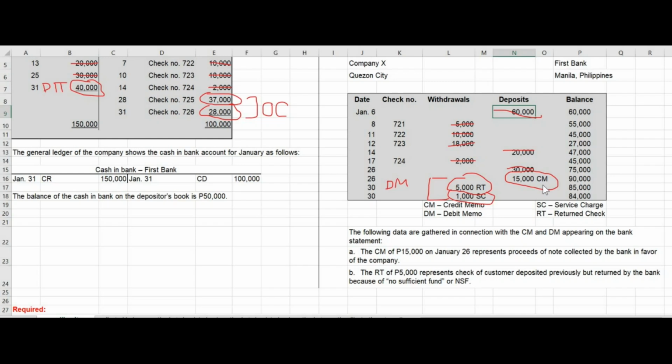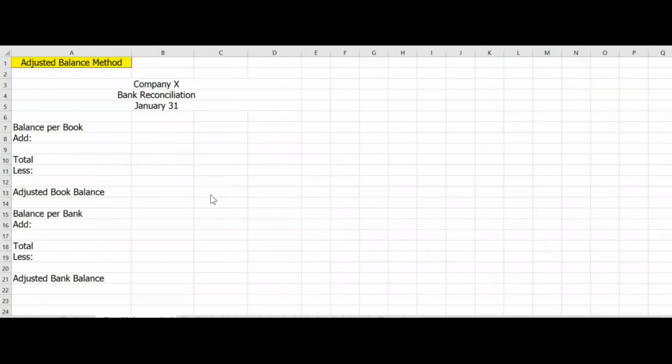So, after identifying your reconciling items, we are now ready to prepare a formal bank reconciliation statement. So, let us have first the adjusted balance method.